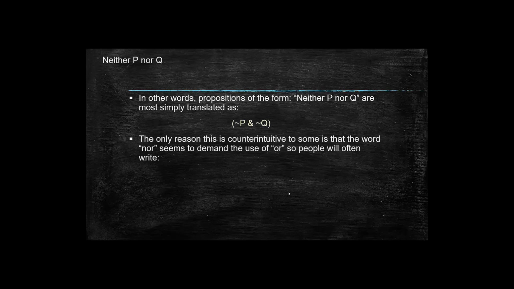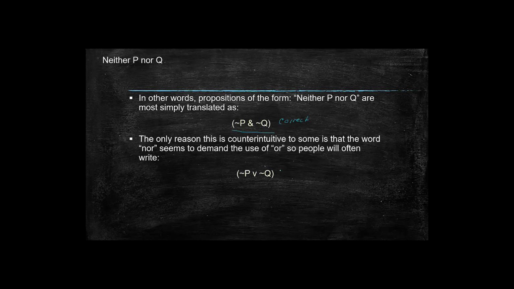The only reason this is counterintuitive to some is that the word nor seems to demand the use of or. So people will often write incorrectly, not P or Q. Right? So just to emphasize, this is correct.